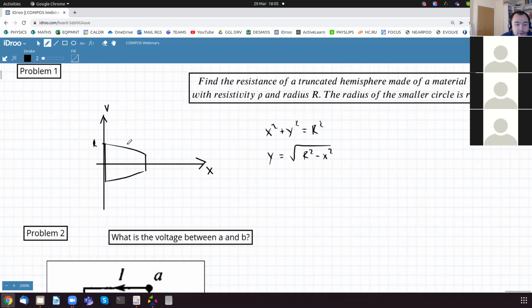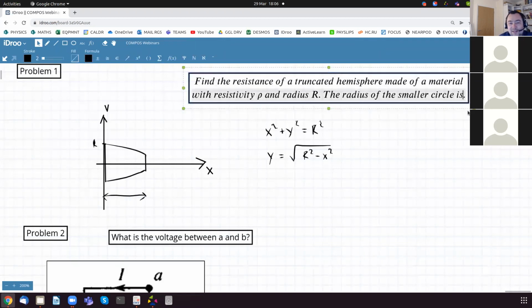Good. So we've established that. So this is the radius. This is the equation of this curved line. Right. The radius of the smallest circle is r small. Well, we kind of need to know how tall this is. And you know what? I'm just going to modify this question.